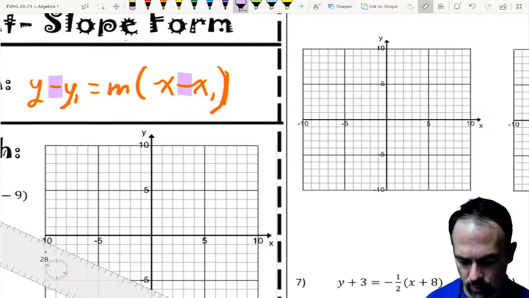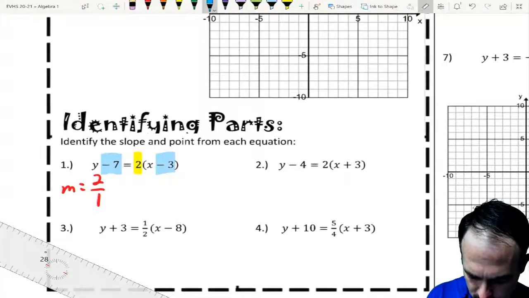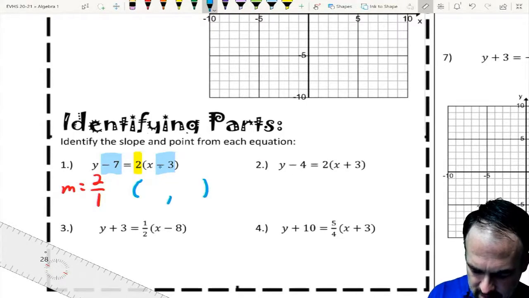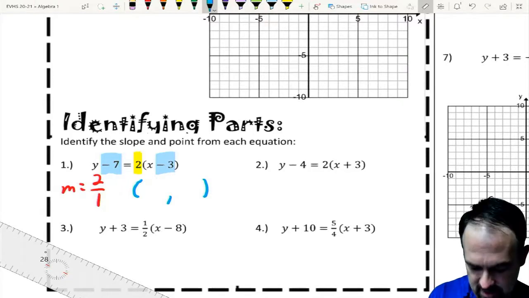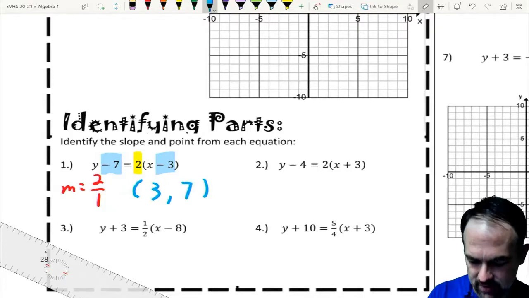The sign is different than what you think it should be. So when I jump over here to my point, the x value is 3, but I've got to change the sign to be +3. Here the y value is 7, and again change the sign to make it +7.